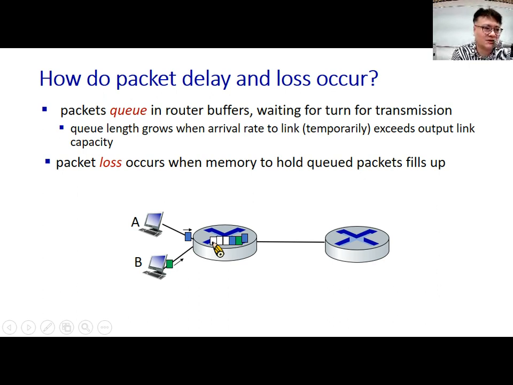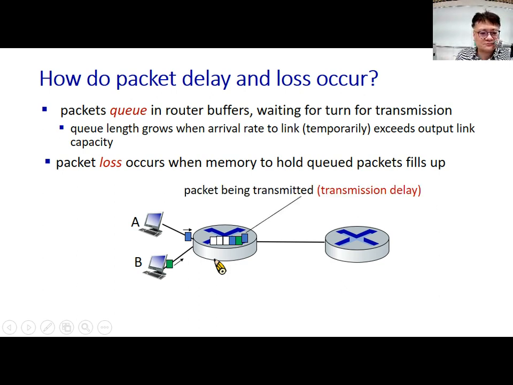It means there will be packet loss. So we need to consider the queue buffer, the link rate, and the balance between output and input. We also consider the buffer size. When we design the router buffer, we have to consider all of this.